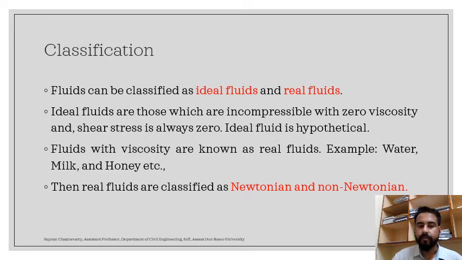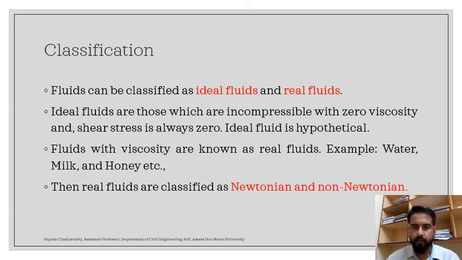So it cannot be zero, but this is a very important type of assumption we deal with, to simplify our analysis. Now, fluids with viscosity are known as real fluids.